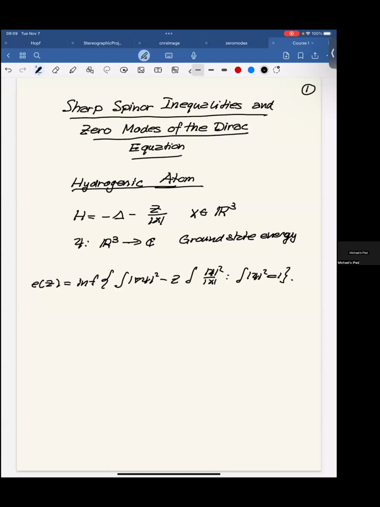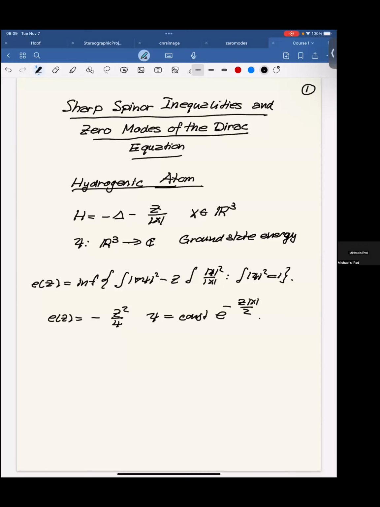And you get this incredible result that this minimization problem gives you essentially the right order of magnitude of the radius of the hydrogen atom. In fact, E of Z can be nicely computed, which you remember, of course. And the function psi which minimizes this is a constant times e to the minus Z|x|/2. That's what it is, right? So the uncertainty principle is here the key.